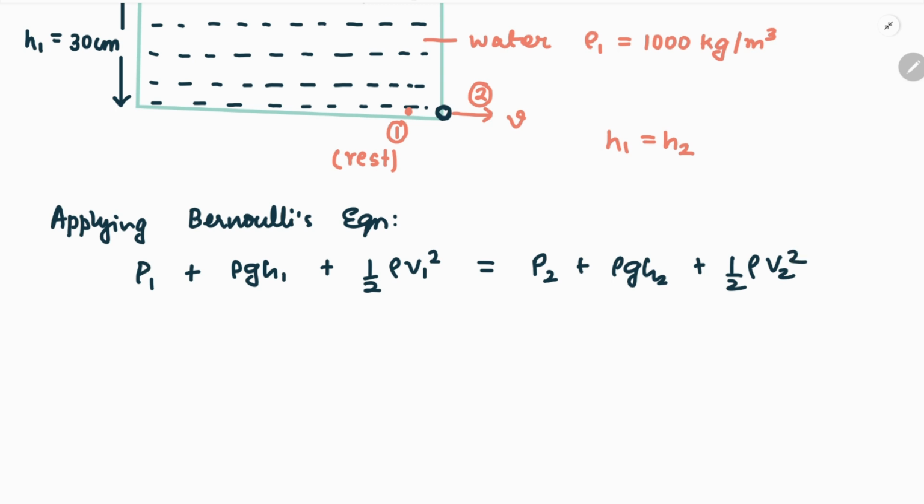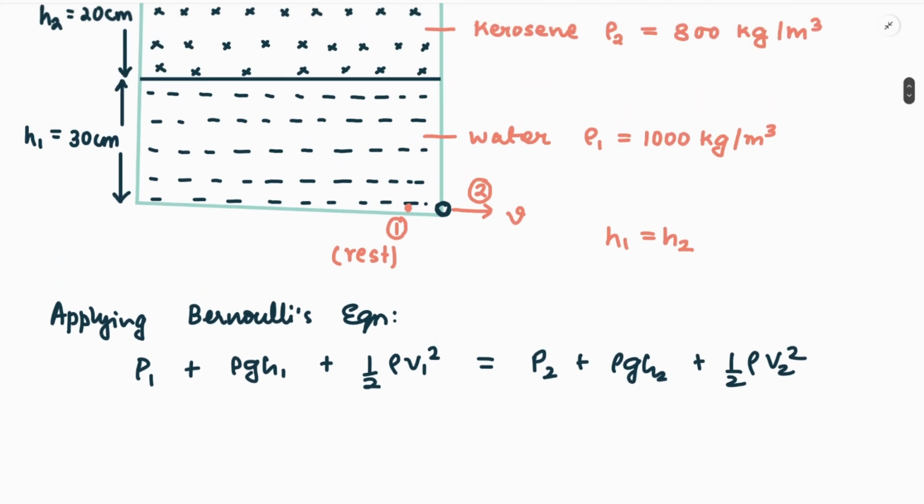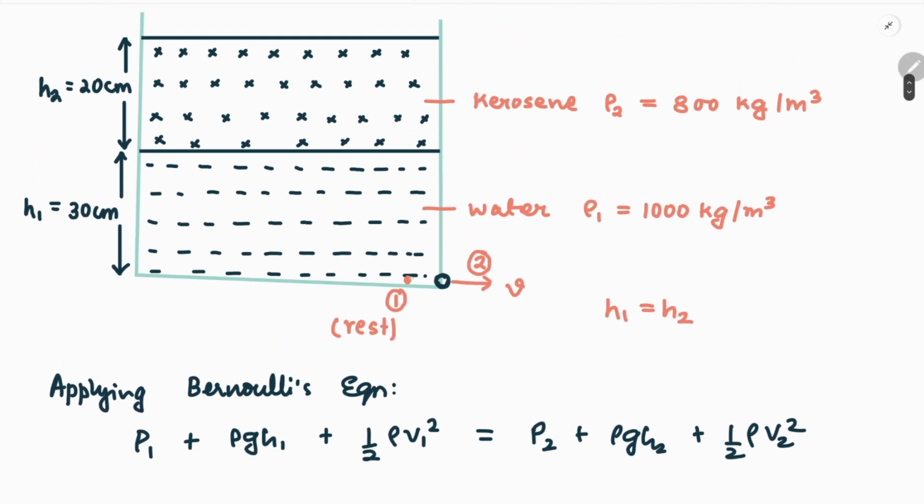So over here the first thing that we need to understand is the value of P1. Point 1 is inside this container and 2 is a point just outside this container, and they are both at the same horizontal level, and hence we have written H1 equals H2, that is rho g H1 and rho g H2 is same.